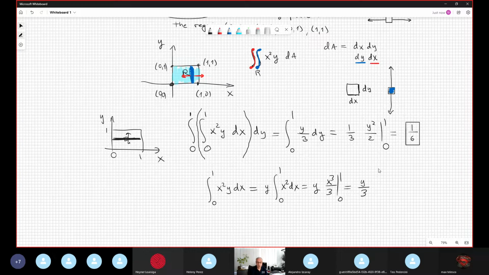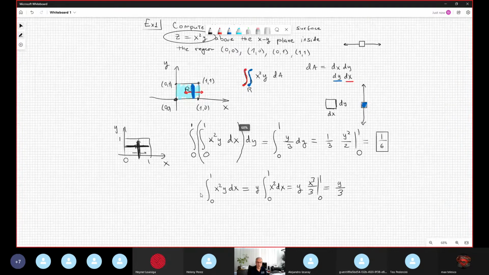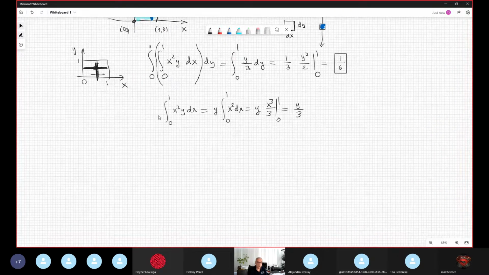Okay. Now, some students say, well, no, I don't like this. I want to integrate first in that direction and expand in this direction. Okay, I respect that opinion. Let's do it in this direction. So instead of doing it in this way, I want to copy again the original integral, but I change the order.